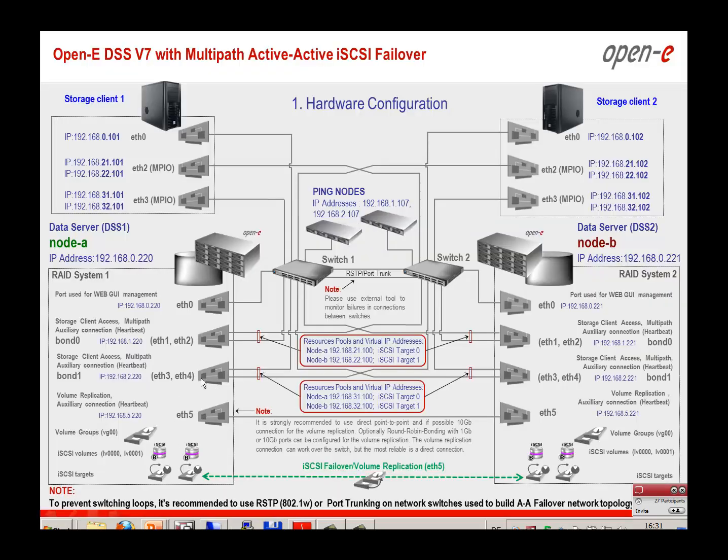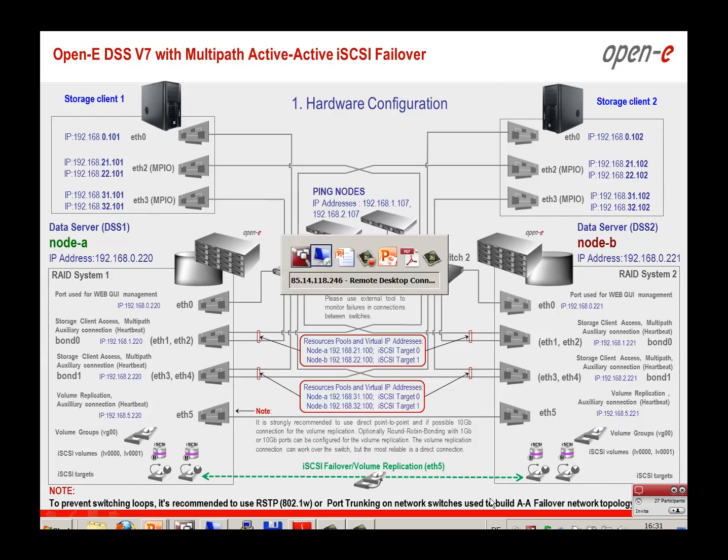We see on bond 1 we have 2.220 and we have 2.221, right? So on both of these bonds we will have storage access, in subnet 1 and subnet 2. This is why our ping nodes are also in subnet 1 and subnet 2.